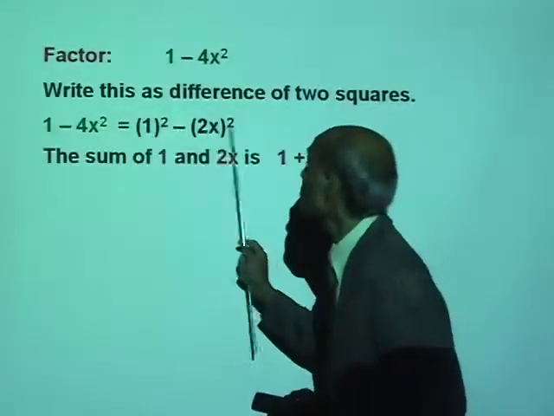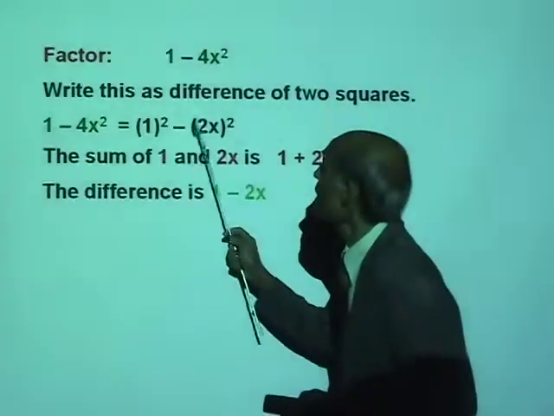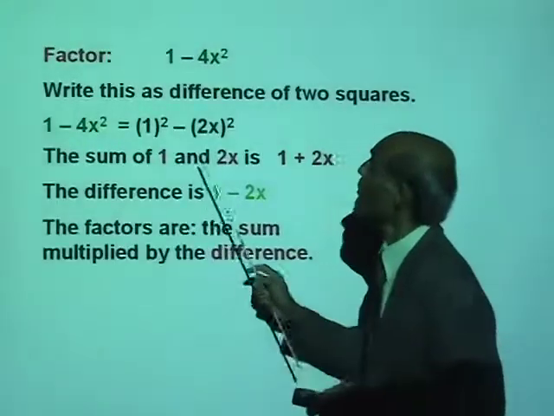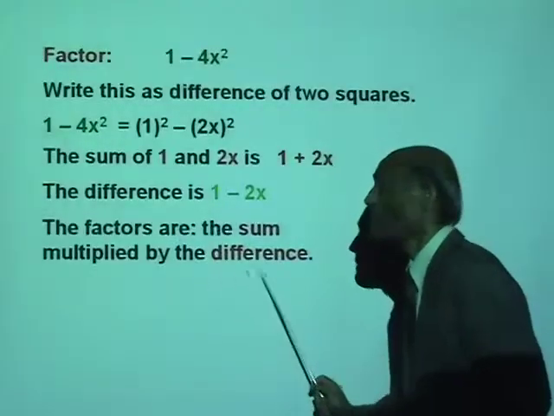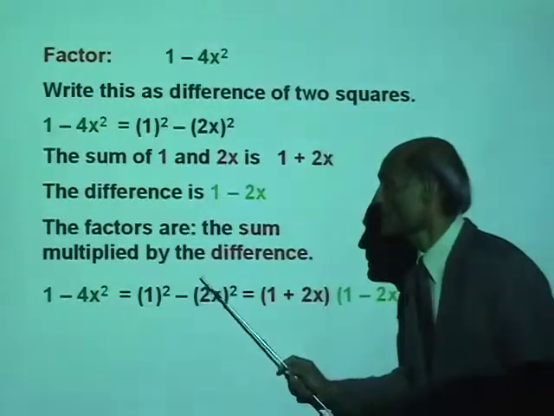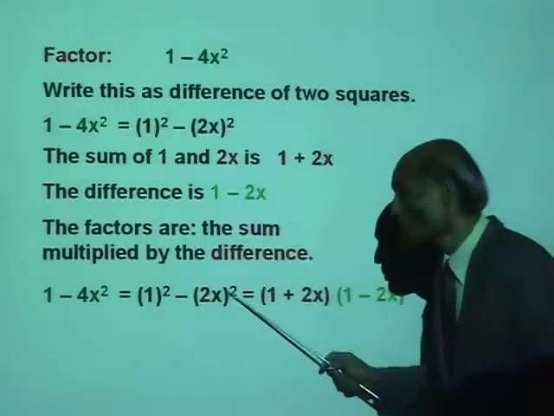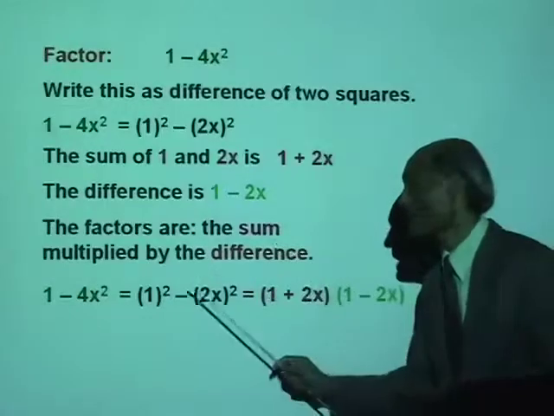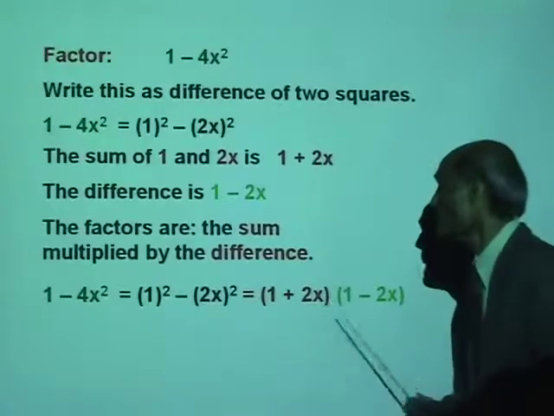The sum of these two is 1 plus 2x, and the difference of these two is 1 minus 2x. And therefore, the factors are the sum multiplied by the difference. Watch that parenthesis, very important. It is the quantity 2x that is squared there, and that will be 1 plus 2x times 1 minus 2x.